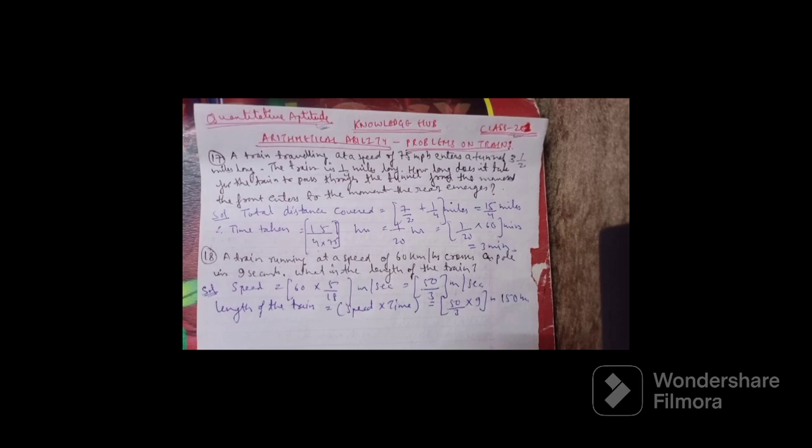And other than that, we'll start with data interpretation, which is tabulation, bar graph, pie charts and line graph. So here we're going to end.